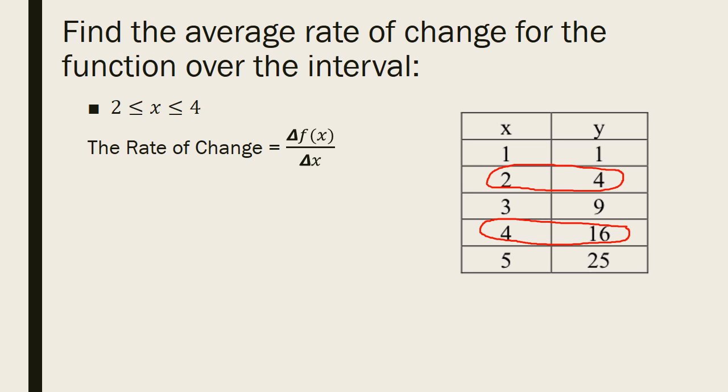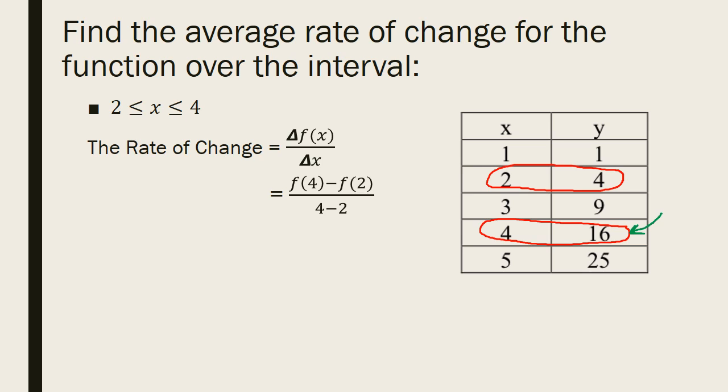So again, I'm using the formula. It's the difference in f of x divided by the difference in x, which means I'm going to have to find the difference between the outputs of 4 and 2, divided by the difference between 4 and 2. Now, the output for 4 is what we have right here, which is the y value of the 4, which is 16.